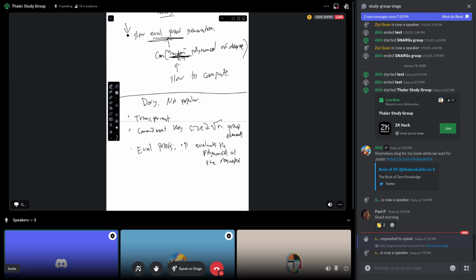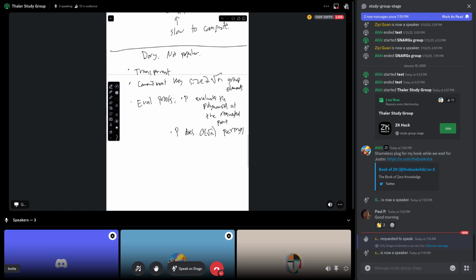So that's linear time, unavoidable. And then on top of that, the prover does, let's say, order square root n pairings. It's actually a little bit better, but let's say order square root n pairings.